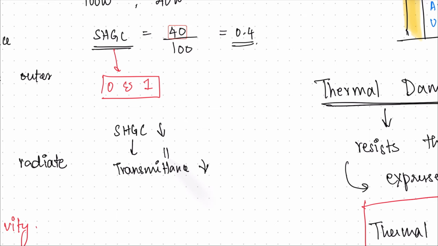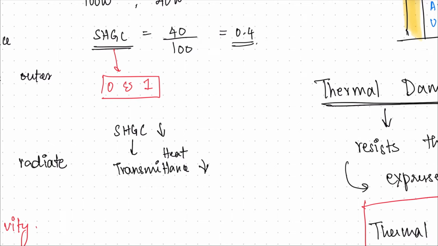So in hot and dry or hot and humid climates, you want very little heat to be transmitted into the building. So you need materials which have a lower solar heat gain coefficient.